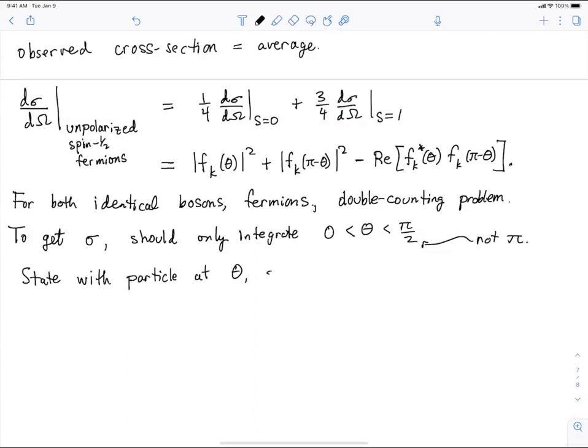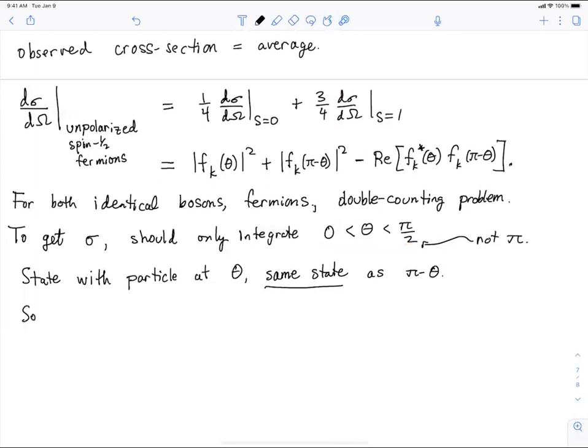So this is really the same state. And so that means you shouldn't count it twice when you're integrating over all possible final states. And so that's why you only integrate over half the angles, to avoid counting the same state twice.